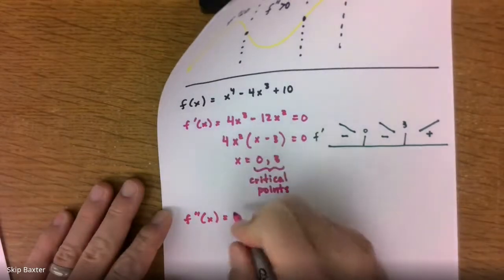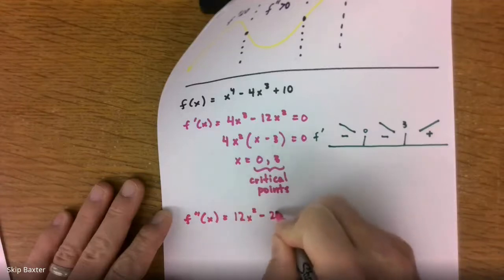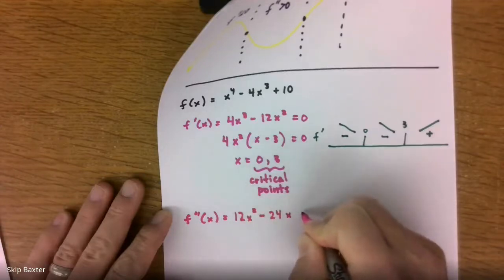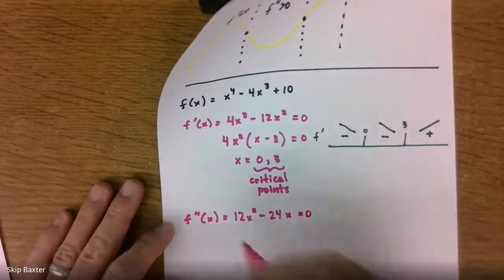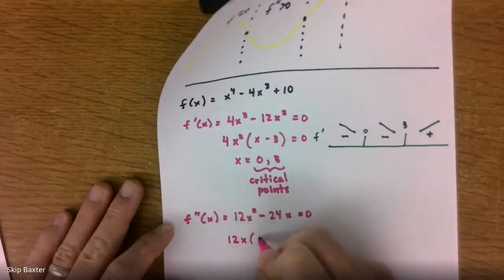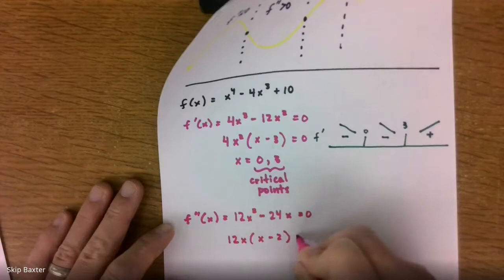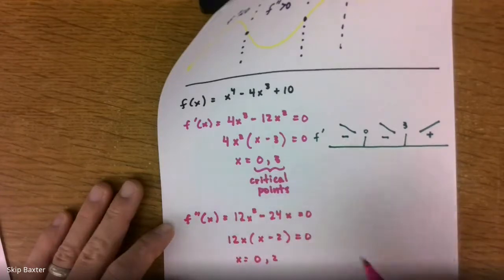So the derivative would be 12x squared minus 24x. And again, I'm going to set it equal to 0. I'm going to do the same thing, right? And I get to factor out a 12x, x minus 2. So I get x equals 0 and 2.